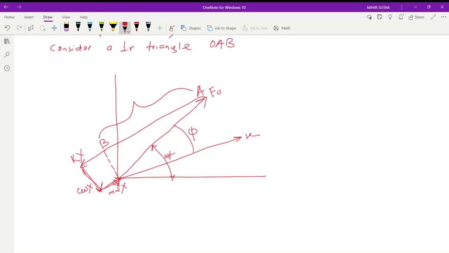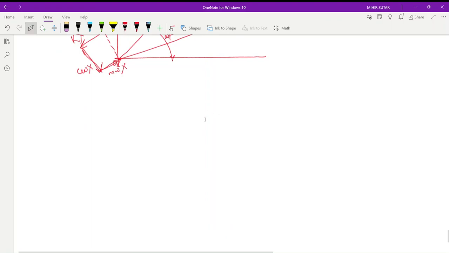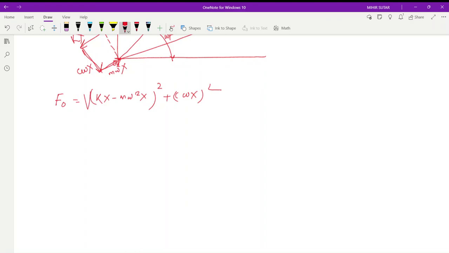Okay, so from the triangle we'll have F0 as square root of kx minus m omega square x whole square plus c omega x square. Or you can write this, taking x out, as x times square root of k minus m omega square whole square plus c omega square.